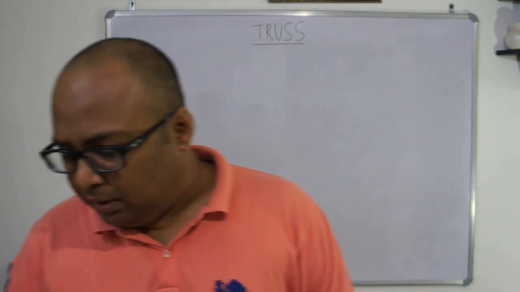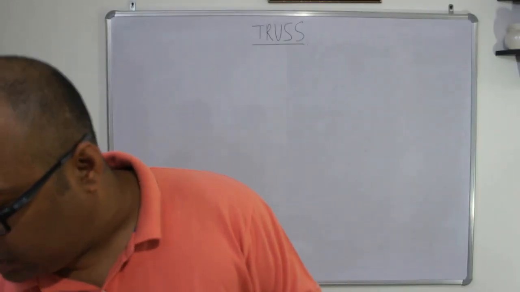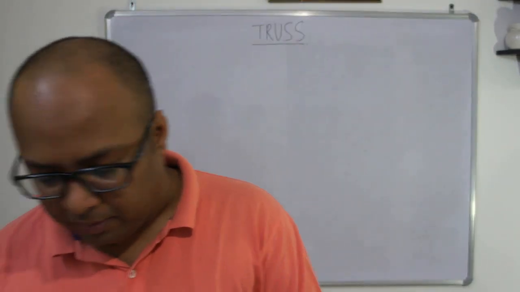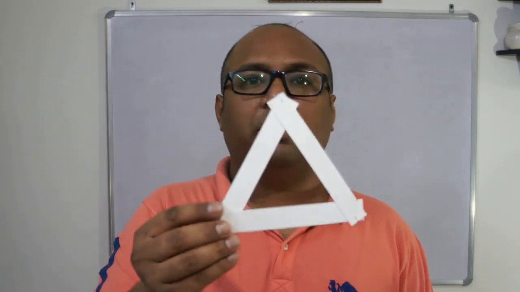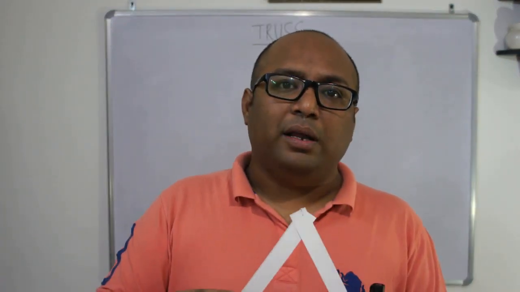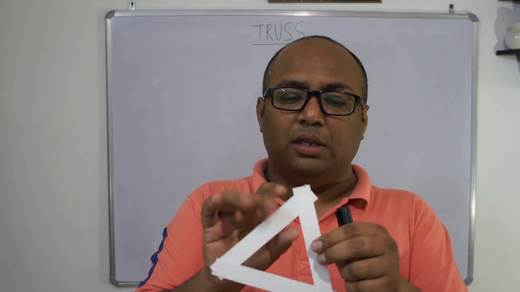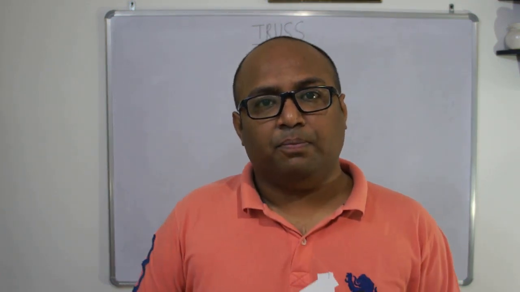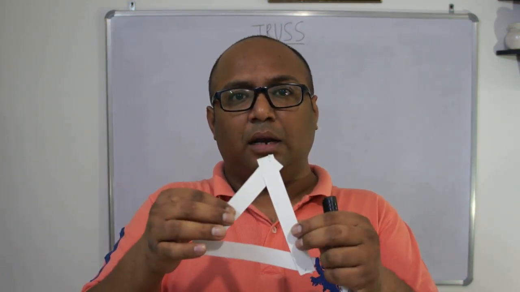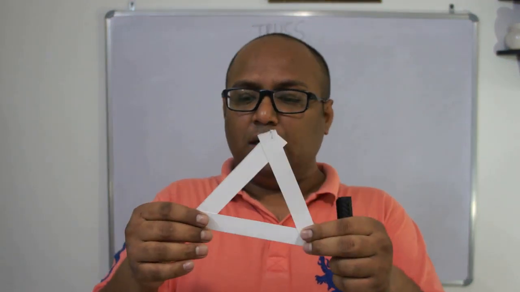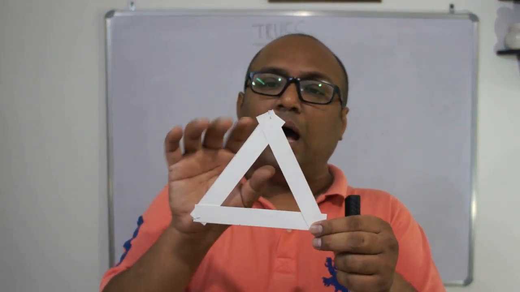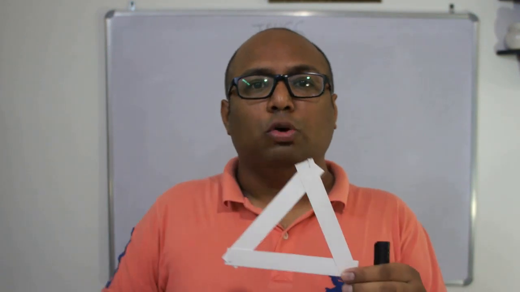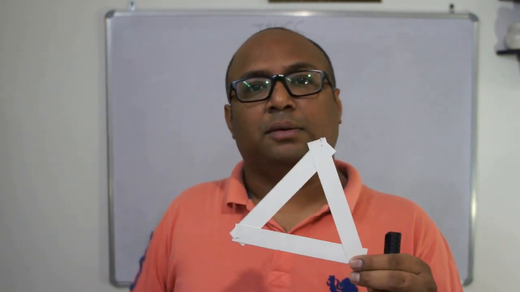Okay. Then the third important point, which I will try to demonstrate with the help of a triangle. What is the fundamental relation between all these three members? The fundamental relation between these three members is that they are not independent to move relative to each other.